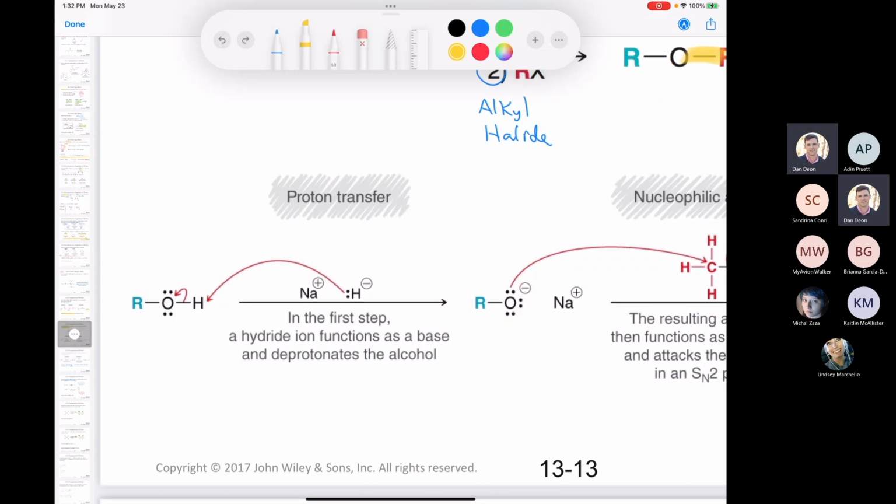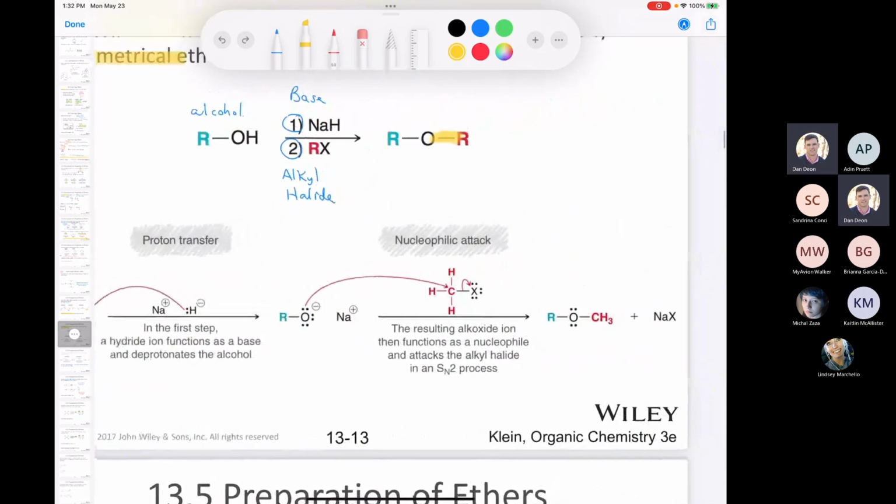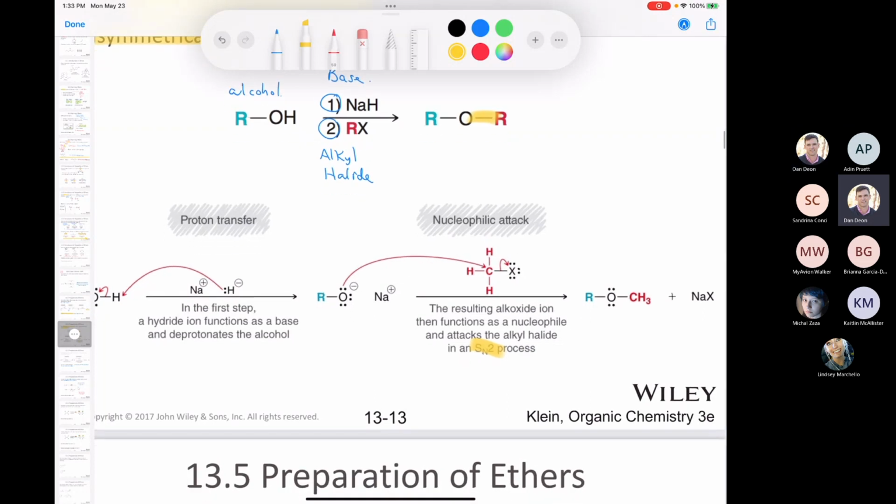Well, what do we know about an alkoxide? An alkoxide is a good nucleophile. And so when you throw in the alkyl halide, you get a nucleophilic attack, and this is just a plain old SN2 reaction, nucleophilic attack and loss of leaving group to produce your ether. However, there's limitations for this reaction too, isn't there?